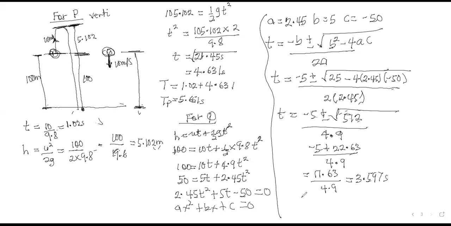So that's the time taken for Q to drop. Therefore, the time interval T will be equal to that of P minus that of Q, which is 5.651 minus 3.597. That's all.